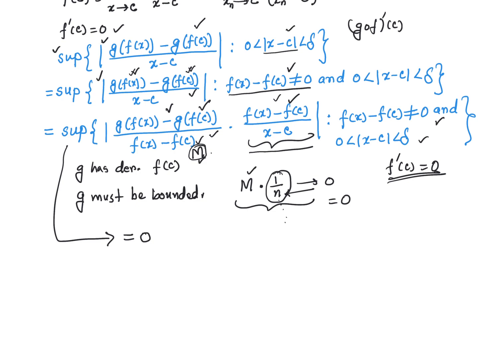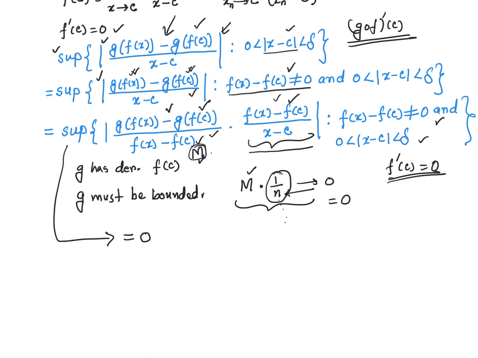By the way, this supremum is the supremum of g of f of x minus g of f of c divided by x minus c. That is the same ratio that we use to find the derivative of the composition function, g of f prime of c.